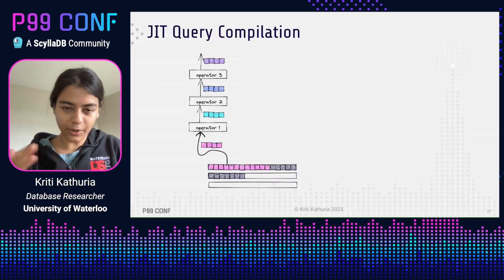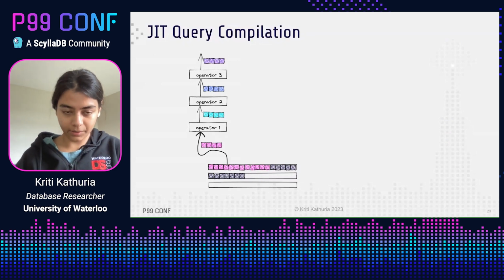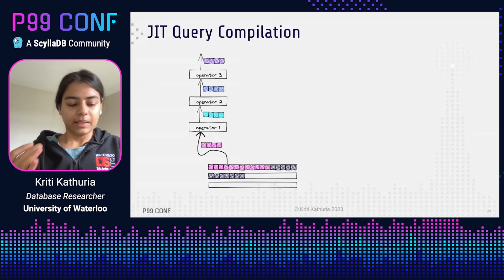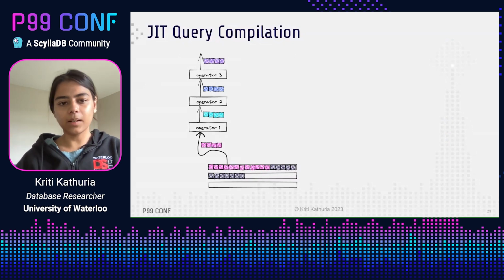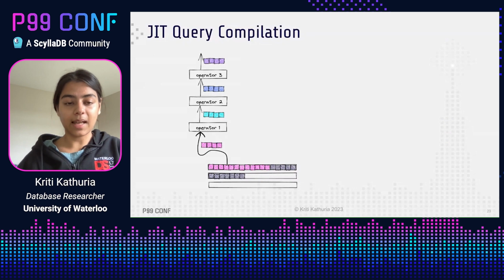The actual join operator will look different, as it will have two inputs, but for the sake of argument, let operator 3 be a join operator. These operators are implemented as individual functions. So in your database code base, there'll be a function for selection, a function for aggregates, a function for joins, and a function for projection.